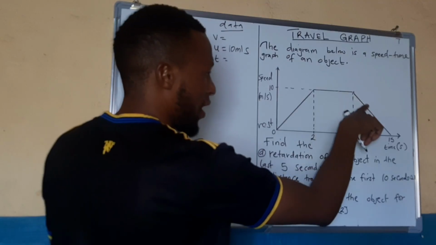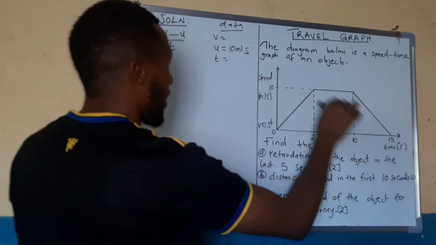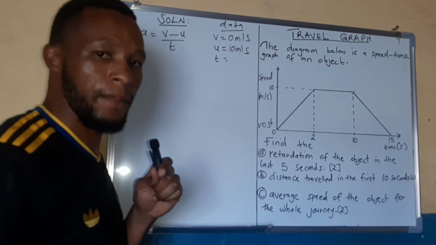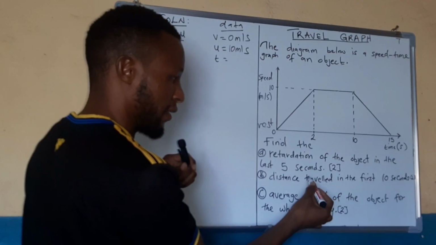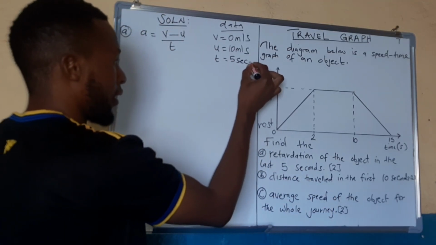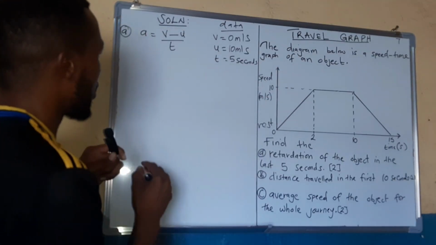Then what was the final? It ended up touching the x-axis, meaning the final is 0 meters per second. Then what was the time? We've been given 5 seconds. Let us substitute now.